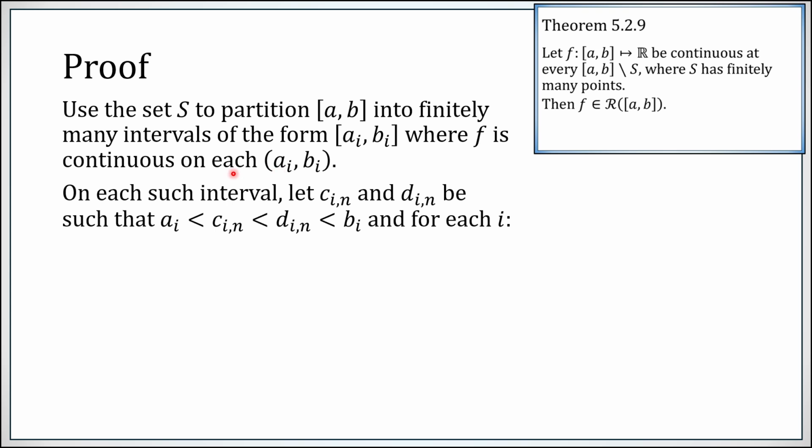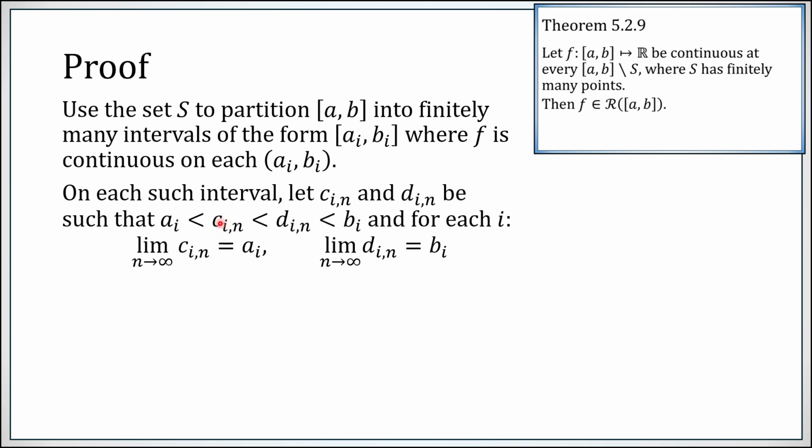And the condition is that f is now continuous on the open interval from a_i to b_i, because we used the discontinuities to make our partition. Now on each such interval, we can make c_i,n and d_i,n be points converging to a_i and b_i.